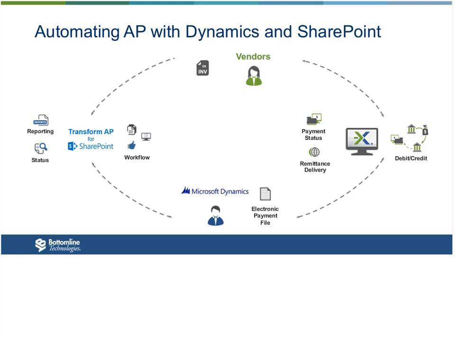All leveraging and staying within the Dynamics world that you know and love today, right? And this is really what we're trying to achieve, just from a graphic perspective, trying to clean up that convoluted, difficult process that, again, paper brings to the equation.